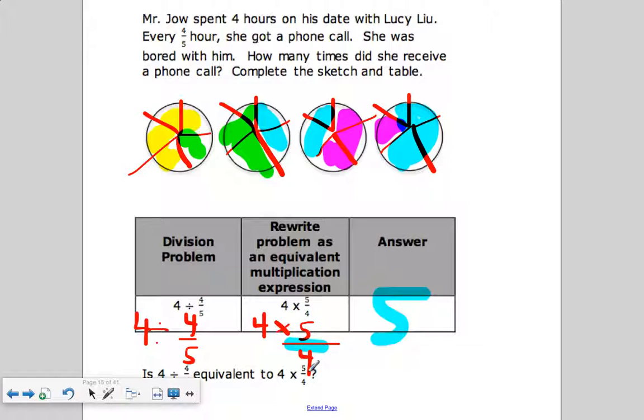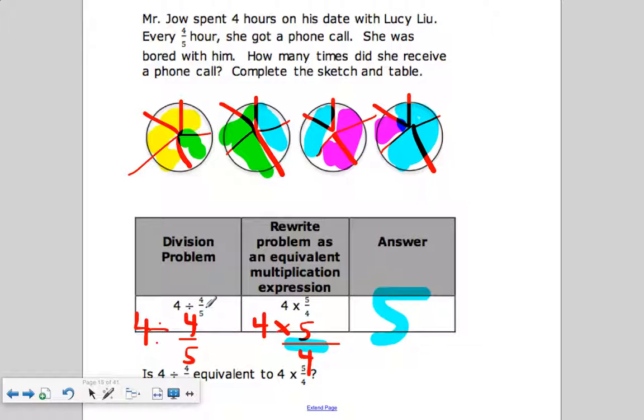So now, if you have not figured out how to divide by a fraction, this is the step. You start with the whole number. You multiply by its reciprocal. So in other words, you keep the 4. You're changing this division into a multiplication.